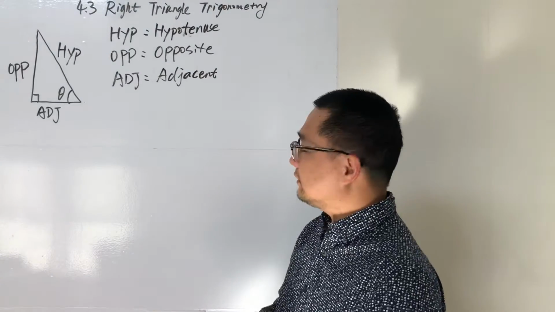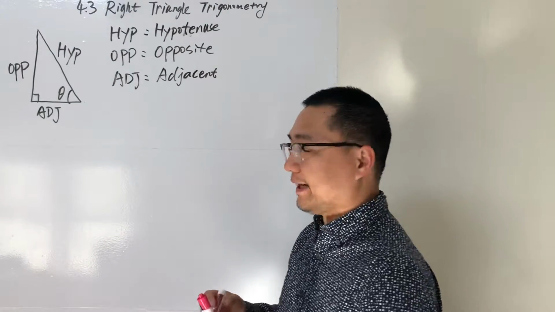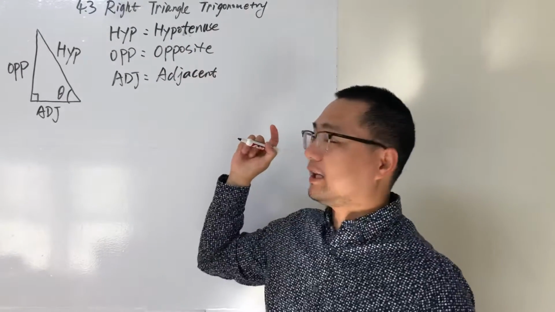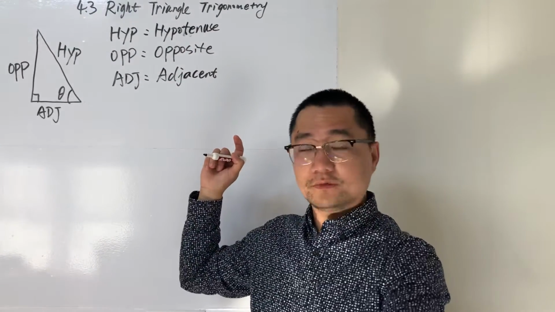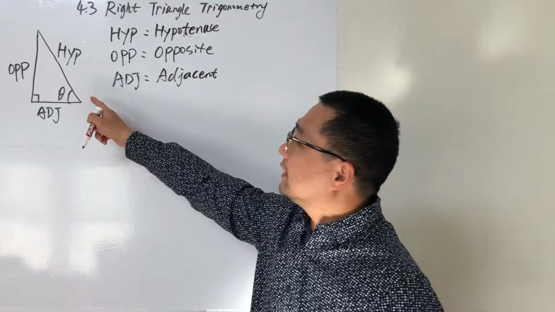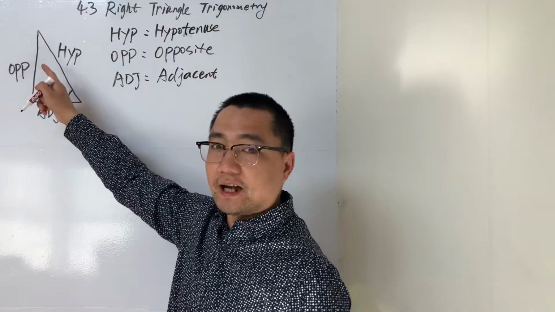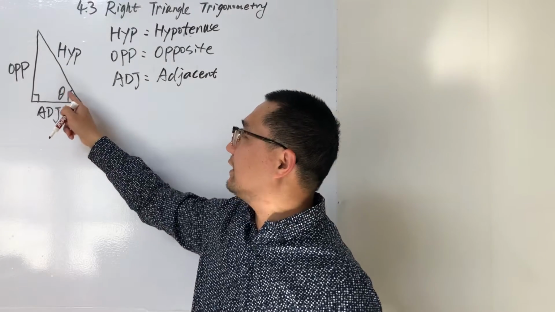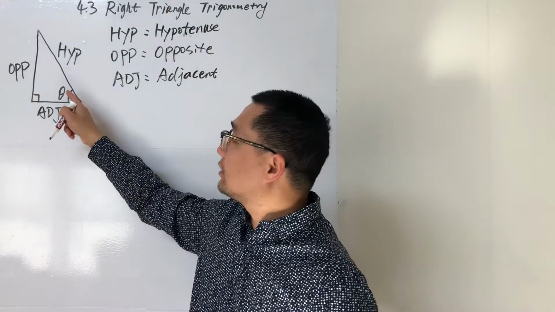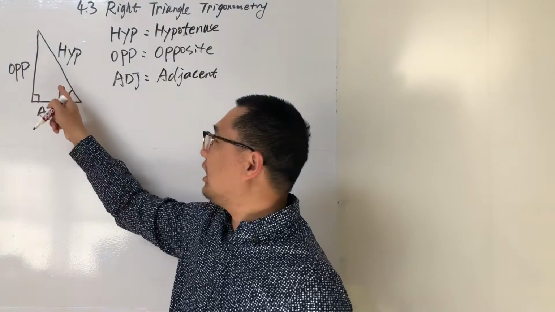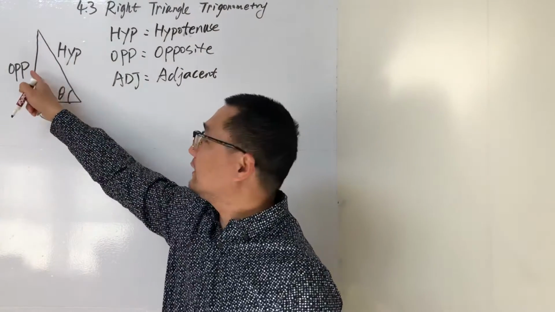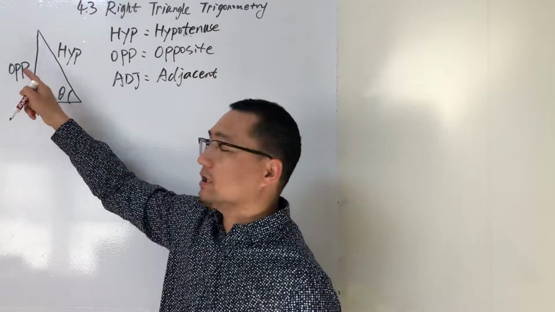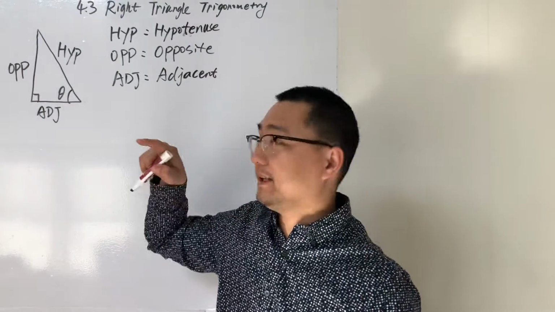First, we already learned what sine is. But before we talk about the definitions of sine and cosine, we need to define the names of the sides. If I have an angle theta here, we call this side the opposite side of angle theta. We use OPP to represent the opposite side.